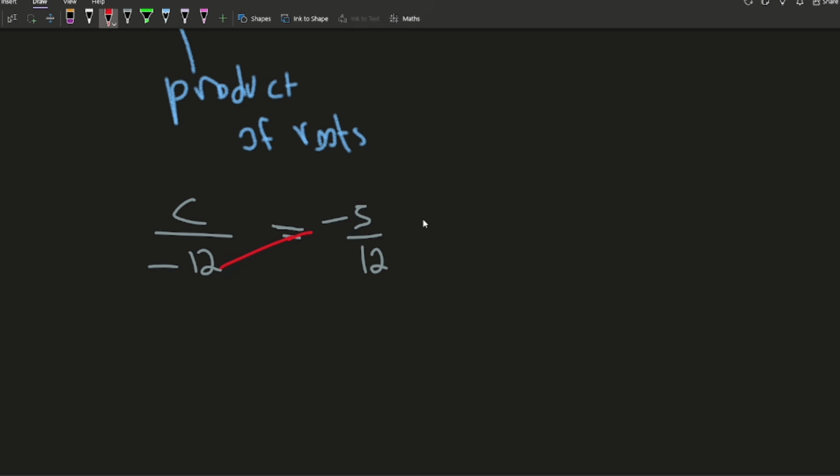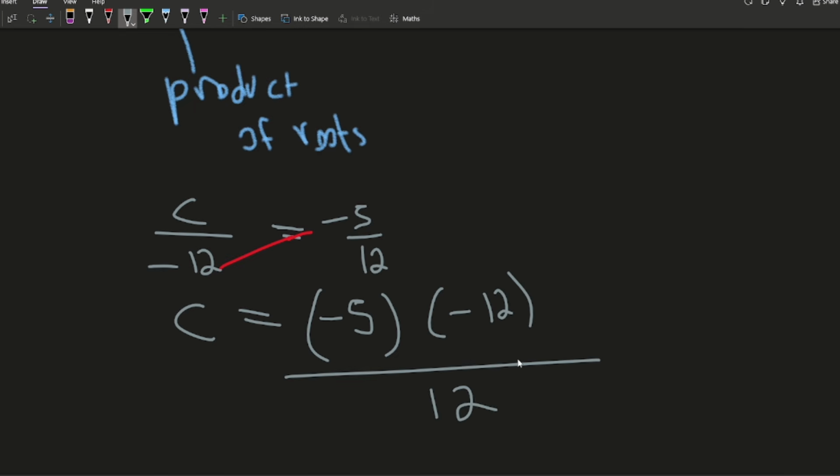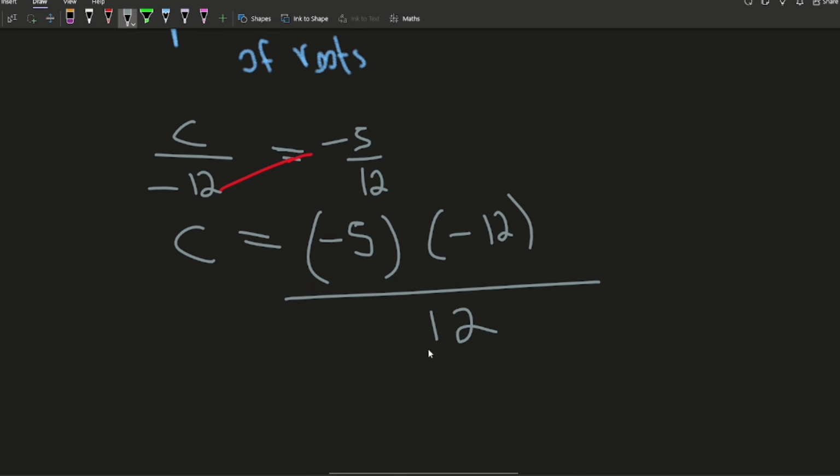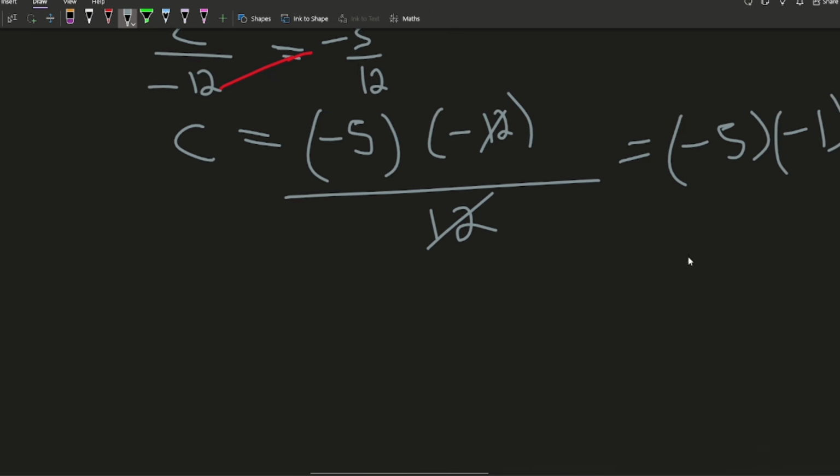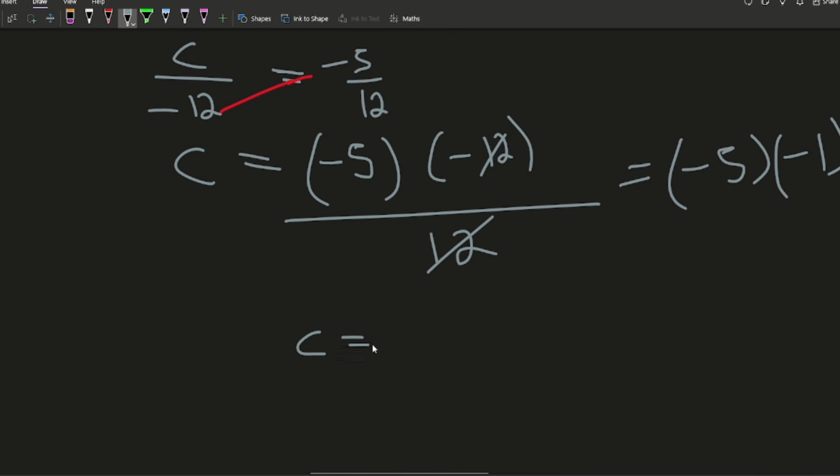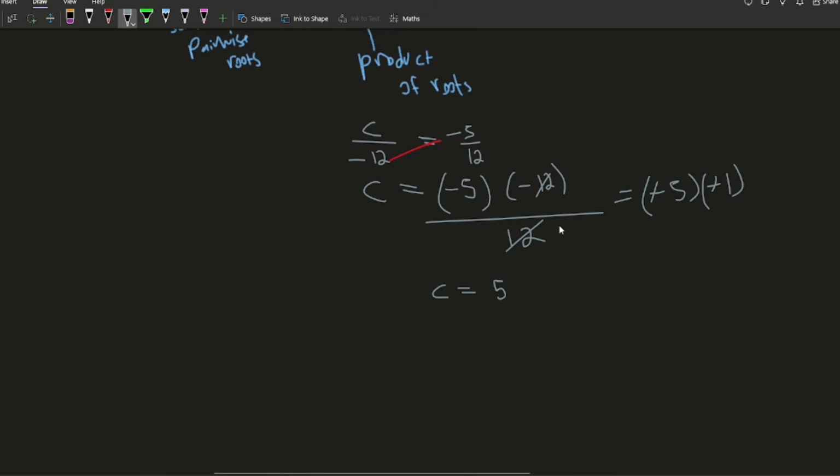Here it is being divided, so it will be multiplied on the other side. So C is equal to minus 5 multiplied by minus 12 divided by 12. Okay, so 12 and 12 get cancelled, and we end up with minus 5 multiplied by minus 1. So the value for C is 5 because minus and minus get cancelled.